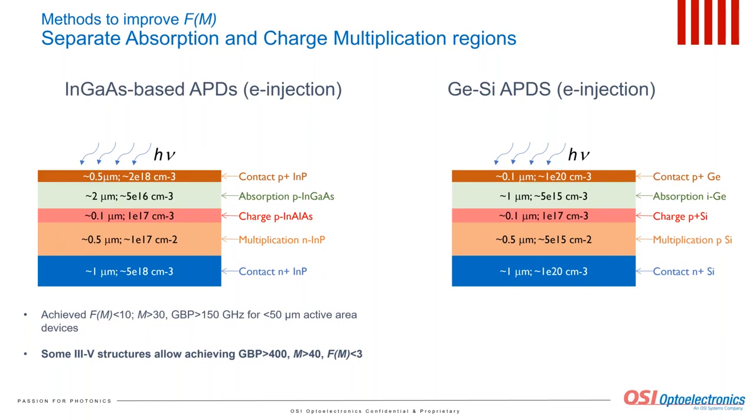Silicon is characterized by better ionization coefficients for electrons than germanium, which makes silicon a preferred multiplication layer. The non-equilibrium holes drift towards the anode on the top and do not participate in avalanche multiplication. Typical values of the excess noise factor achieved for germanium-silicon APDs are around 3 with an avalanche gain of about 30.